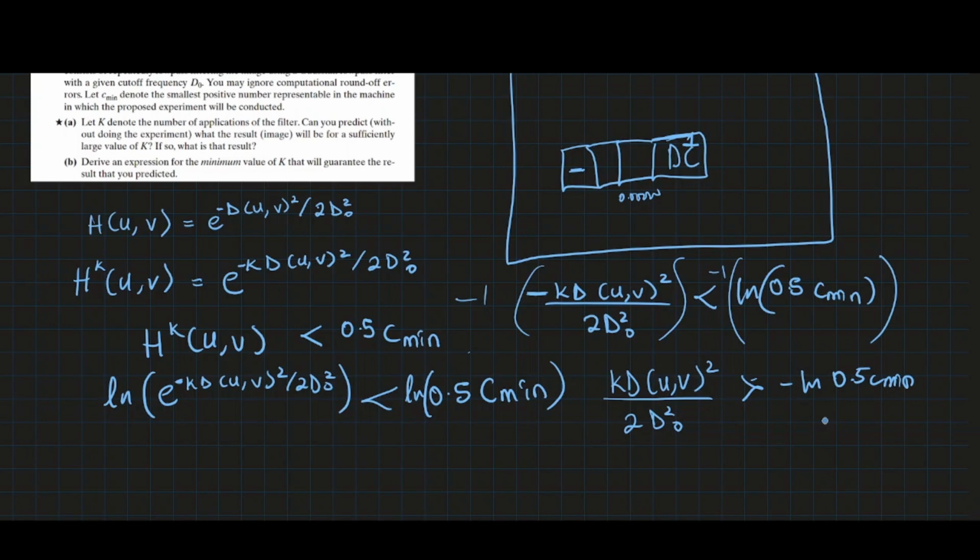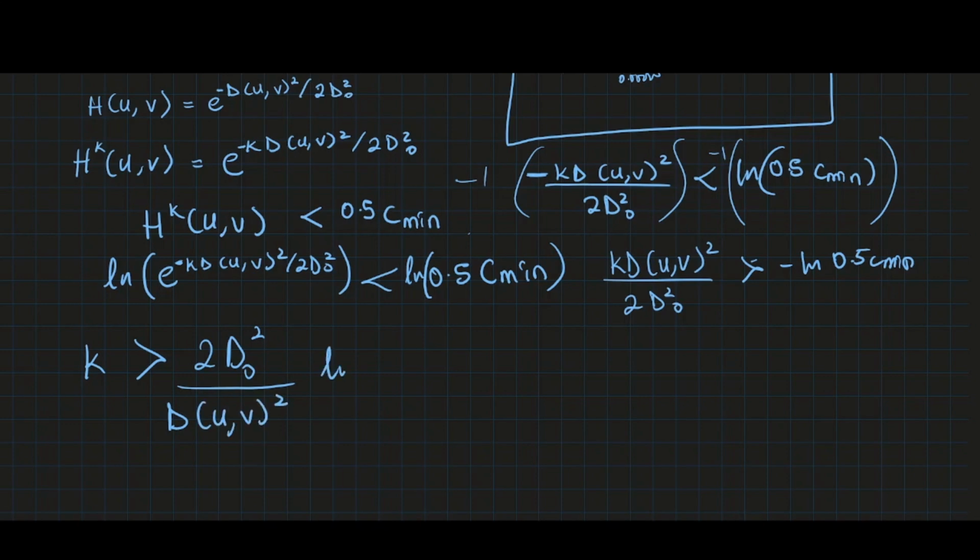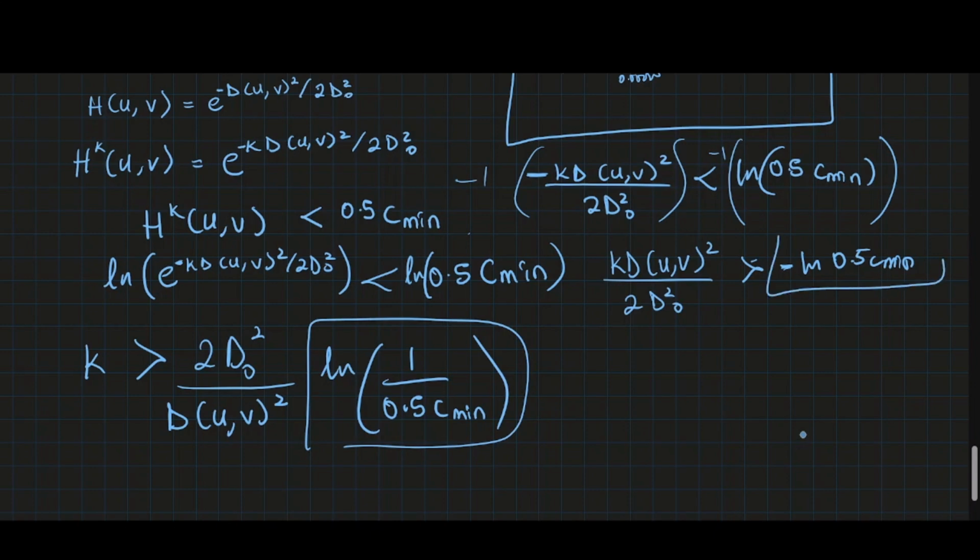Now make k subject of formula. K will be greater than 2D naught squared over D(u,v) squared times ln of 1 over 0.5 c-min. So I just used a ln rule here, which is a negative. If you take the inverse of the value, it's the same thing as what you have here.